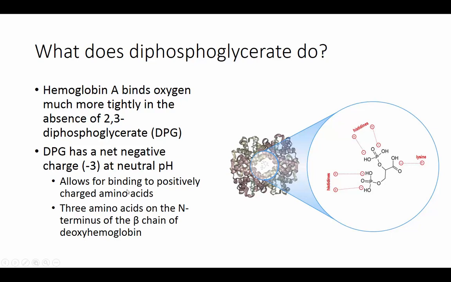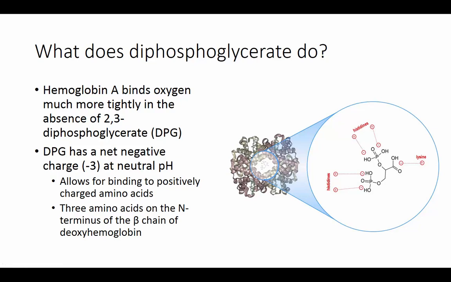So the negativity allows DPG to bind to positively charged amino acids like this. These 3 amino acids, 2 histidine and 1 lysine, are at the N-terminus of the beta chain of the hemoglobin. And that N-terminus is obviously located somewhere near the center of the complex, because that's where DPG binds.